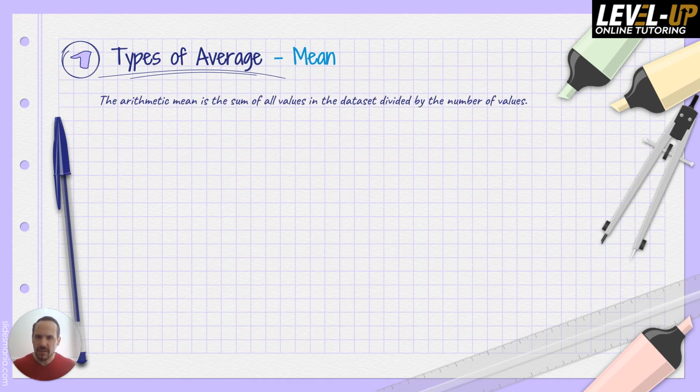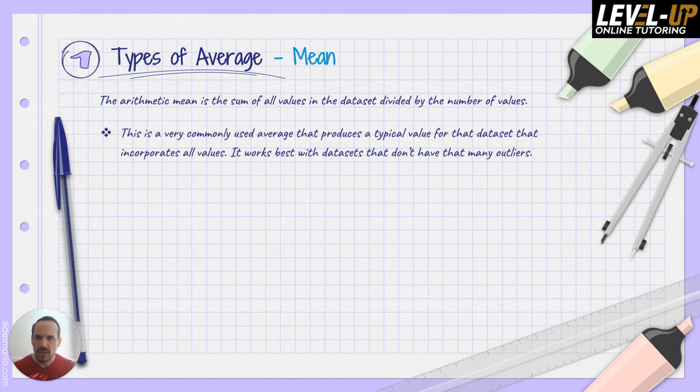More specifically, because there are different types of means, we only really look at mean and weighted mean. What we refer to as the mean is this type of mean, what we call the arithmetic mean, which is where you sum up all the values and you divide by the number of values there are. So this is a very commonly used average, and it produces a typical value for the data set.